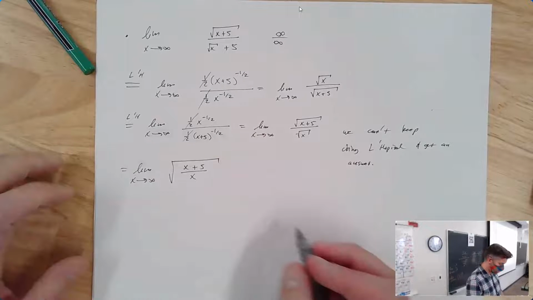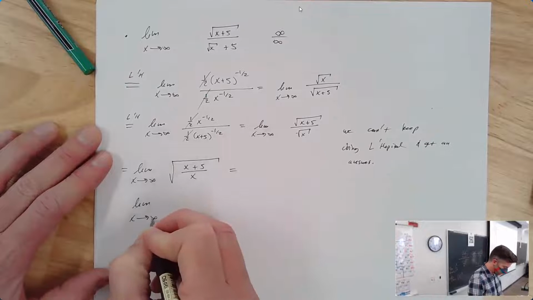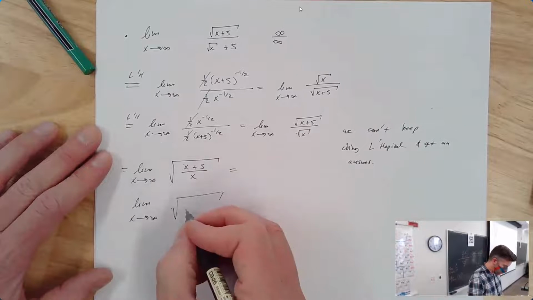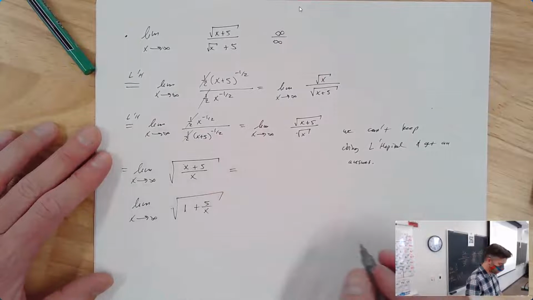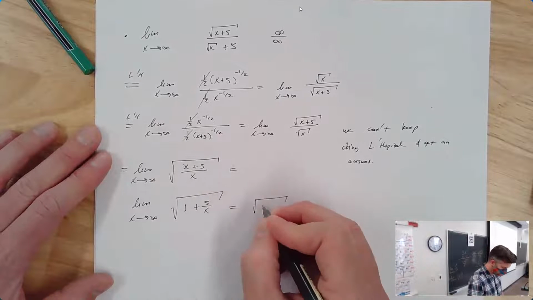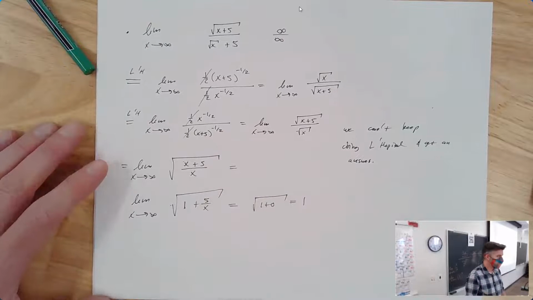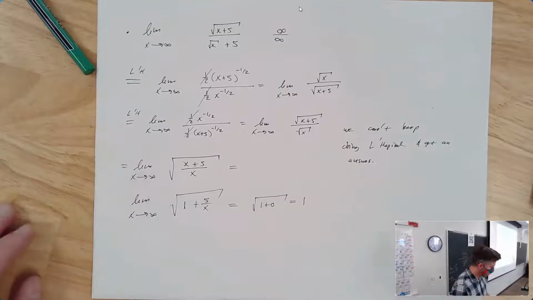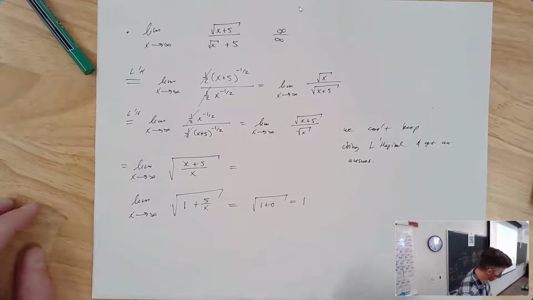Then we can simplify: x over x is 1, 5 over x goes to 0. It's 1. So sometimes you can get stuck doing L'Hopital's rule in an infinite loop.